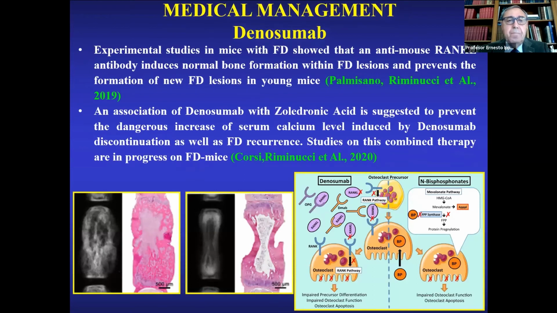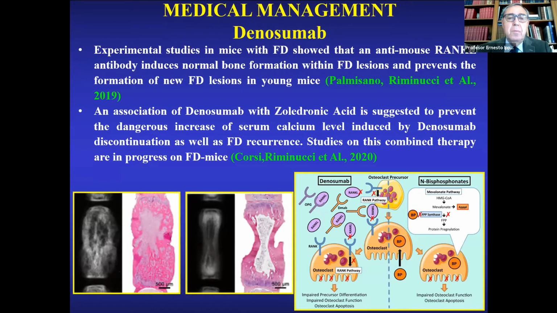Experimental studies in mice with FD showed that an anti-mouse denosumab induces normal bone formation within FD lesions and prevents the formation of new FD lesions in young mice.